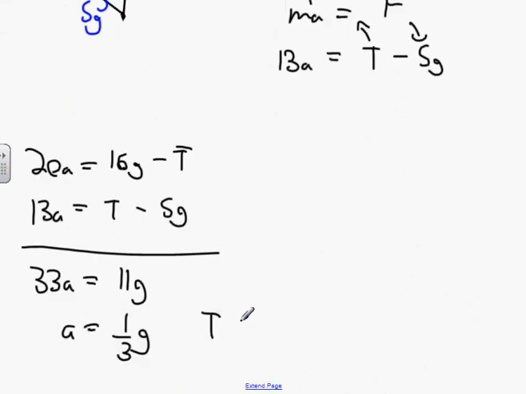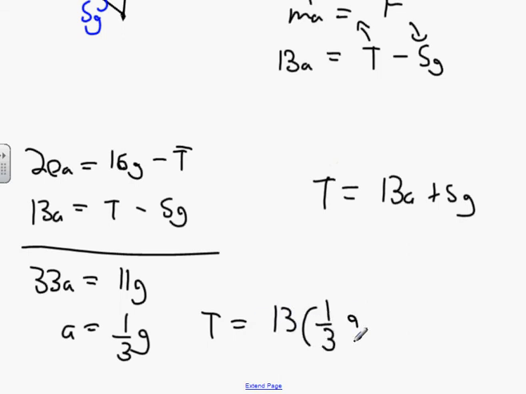So tension equals 13A plus 5G. Tension equals 13 times 1/3 G plus 5G. 13 over 3 plus 5. 28 over 3 G, isn't it? 5G is the same as 15 over 3 G. 15 plus 13, 28 over 3 G. You can probably just put it into your calculator.